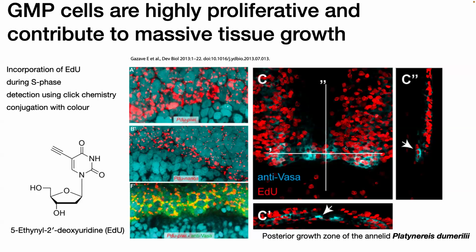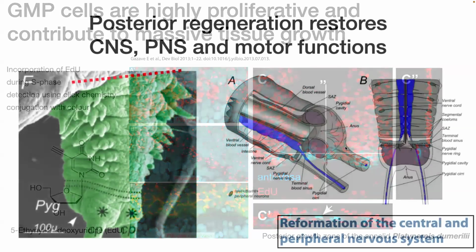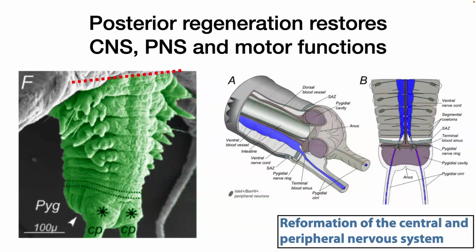So this is beautiful evidence for the massive growth of cells from the stem cell population. It has also been shown that in the annelids this contributes to the central nervous system, which is aligned along this anteroposterior axis, as you see in the scheme.